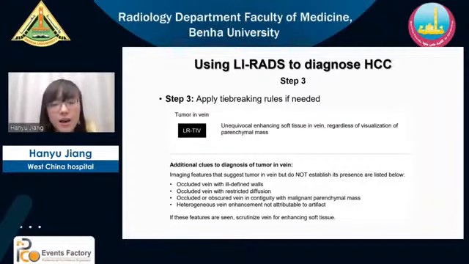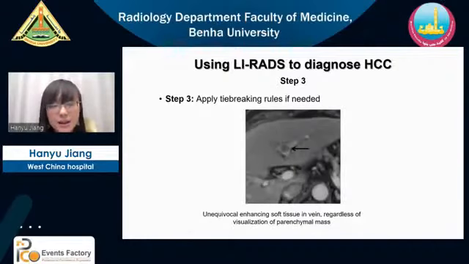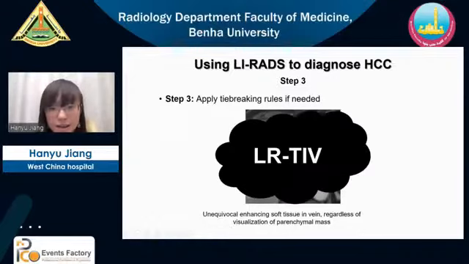And we probably want to underline the enhancing soft tissue in vein. Let's look at this patient. We can see that there is unequivocal enhancing soft tissue in vein. So this patient can be assigned as LR-TIV.